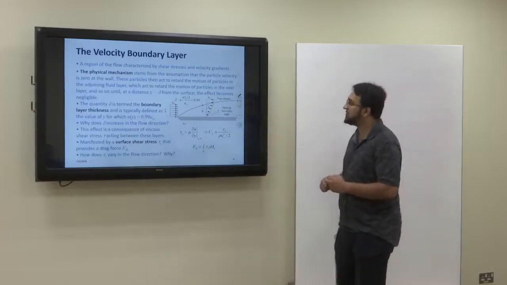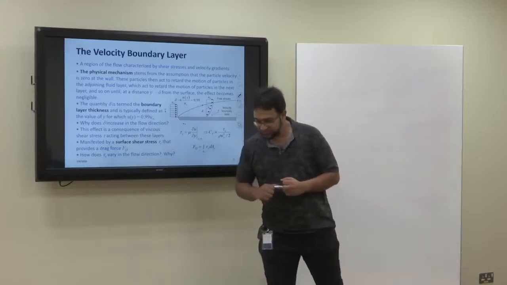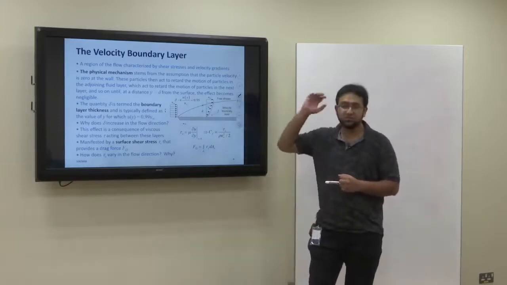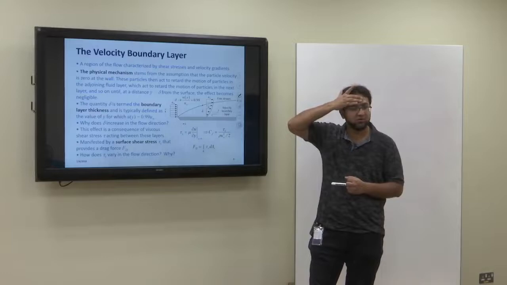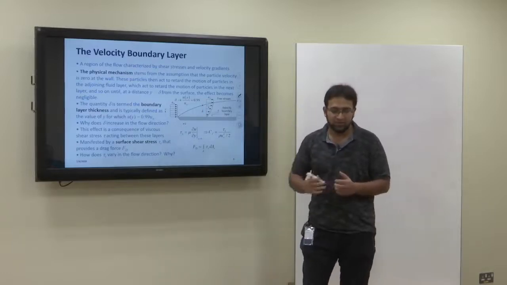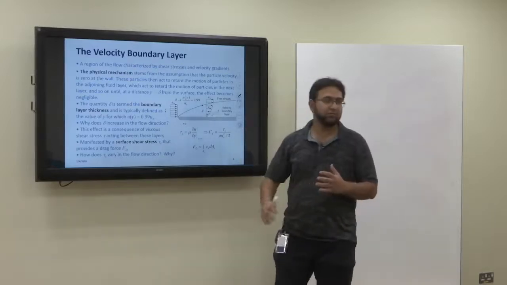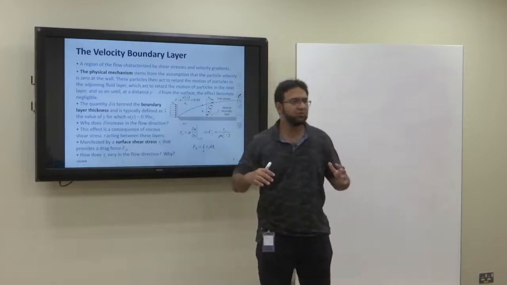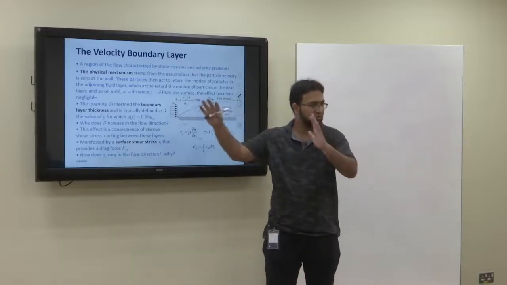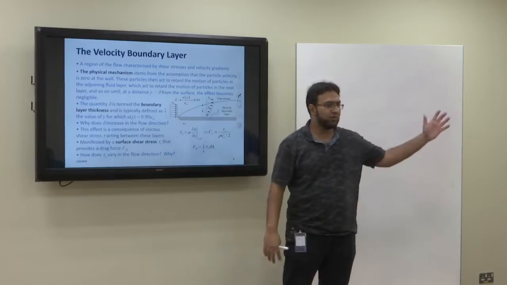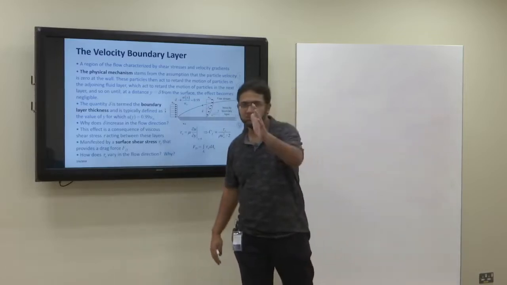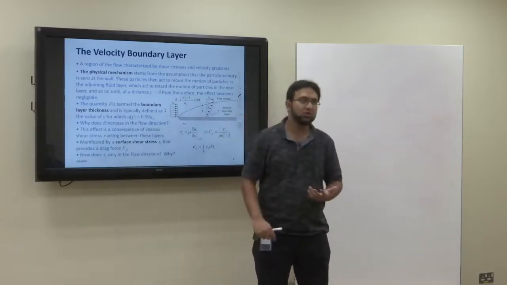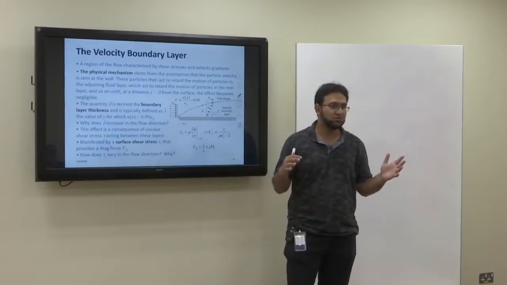Now let's start with this chapter. Let's study the concept of velocity boundary layer. Suppose we have a uniform flow of air. So air is flowing at a uniform velocity. Uniform means no change with distance.